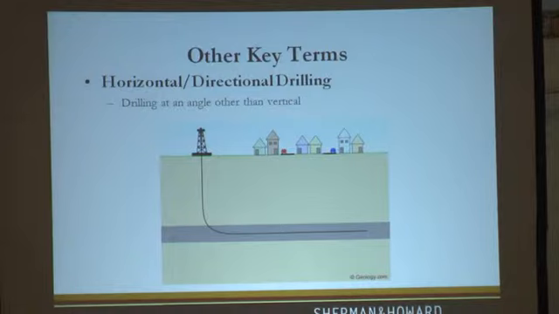This is just an example of a horizontal well. We saw some examples in the slides this morning, and this is what they're talking about when they talk about horizontal drilling. They drill down, bend the drill string, and then go horizontally through. And it might not necessarily be completely horizontal, but it goes through laterally through the reservoir.